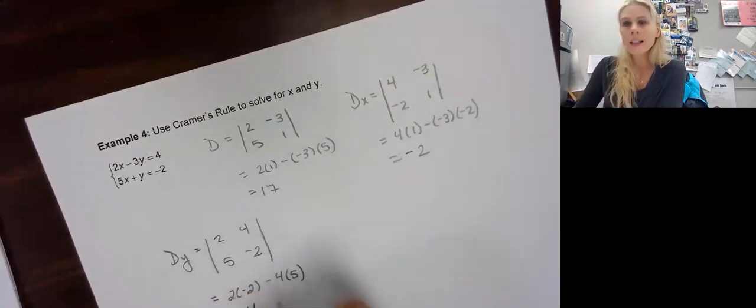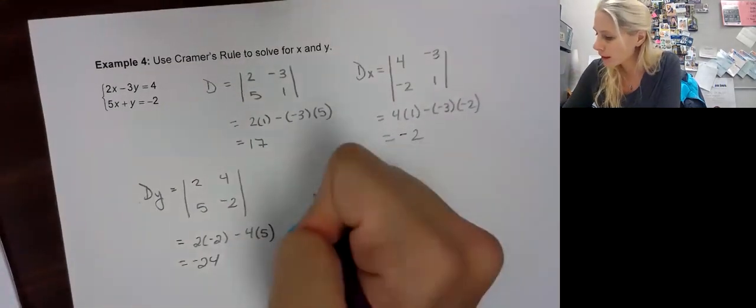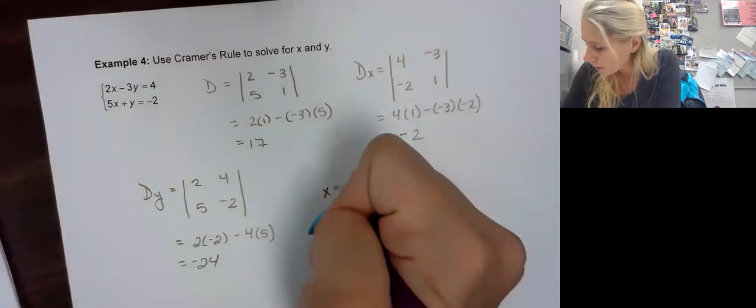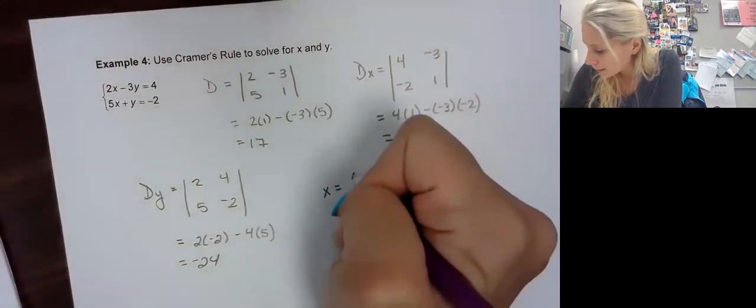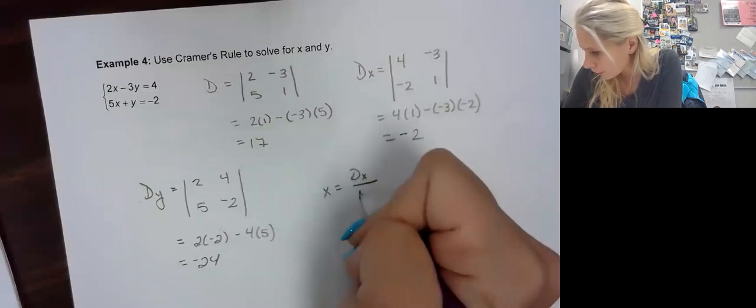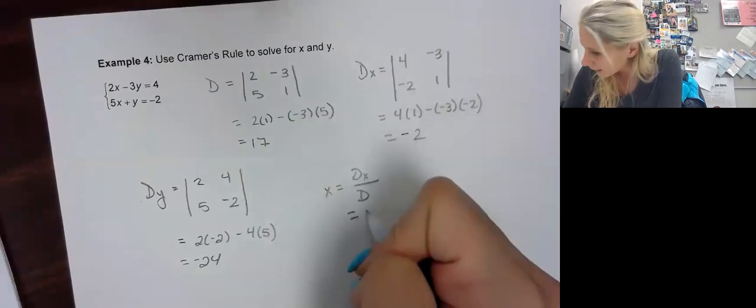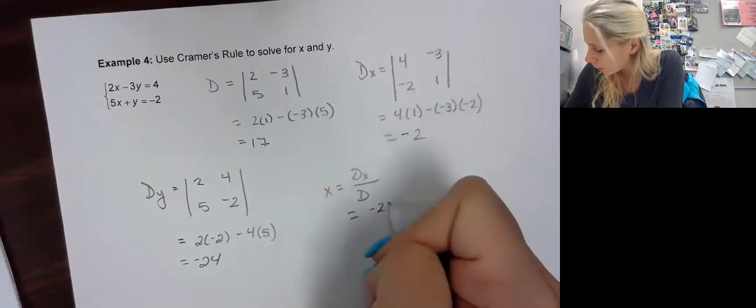All right, so we got each of our pieces. I would say do each of your pieces first, because the x value will always be your determinant of your x over your original determinant. So for us, our x value is going to be -2 over 17.